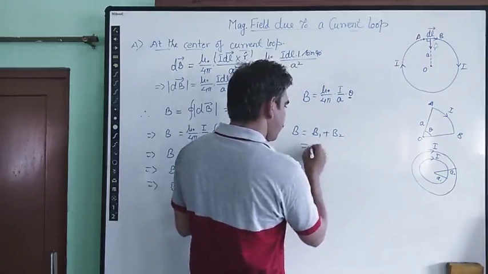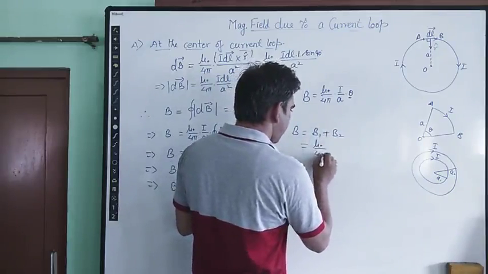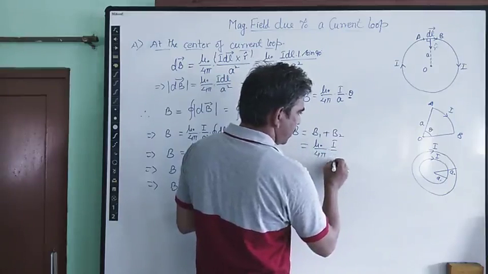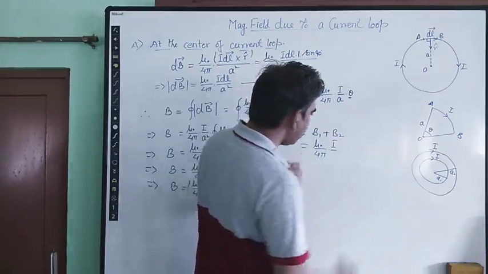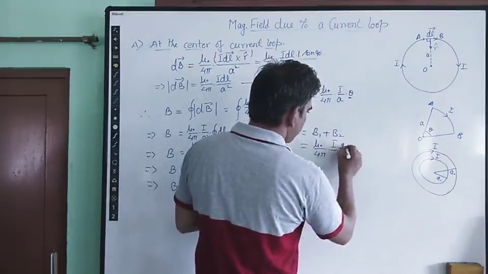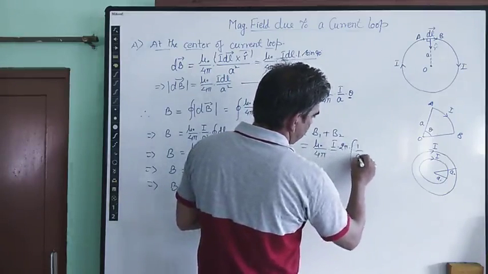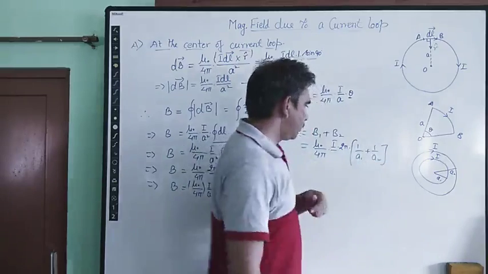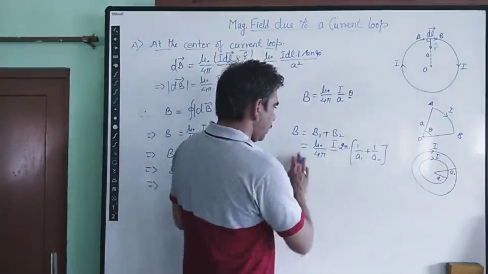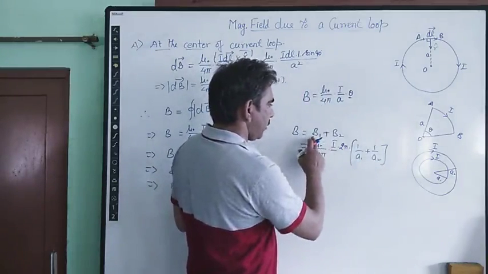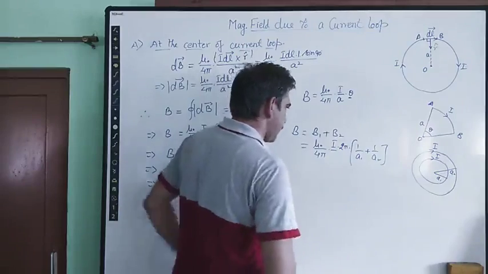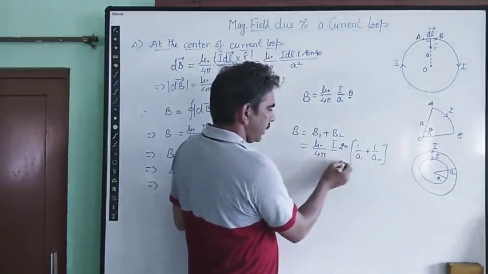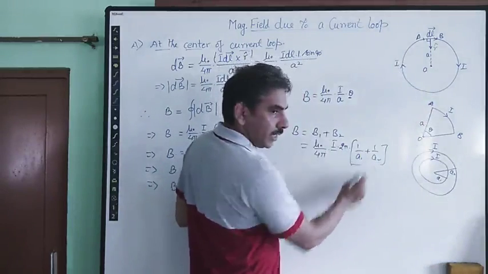Or in a simpler way, you can simply write it as mu naught upon 4 pi into I. There is something that comes common. It is I into 2 pi into 1 upon A1 plus 1 upon A2. So this is the total magnetic field. When you write the expression for the magnetic field according to the expression we have discussed earlier, you will get something that comes common, and inside we are left with only this term.